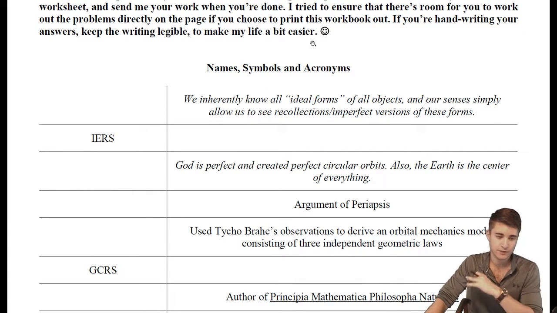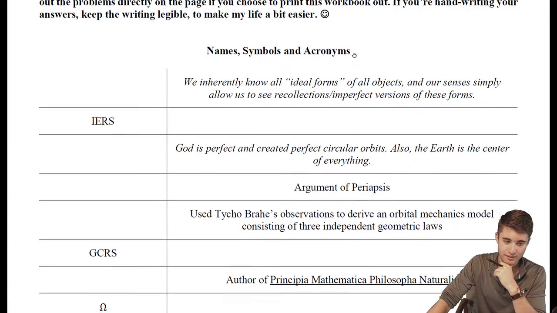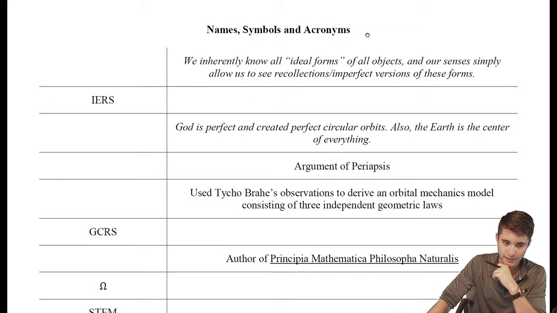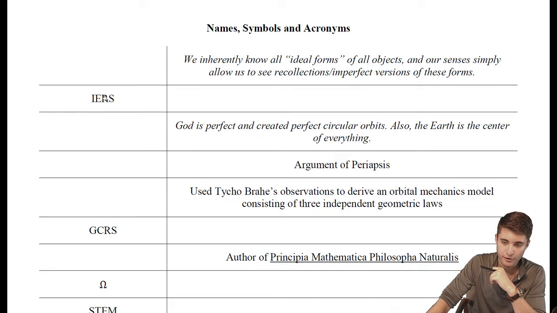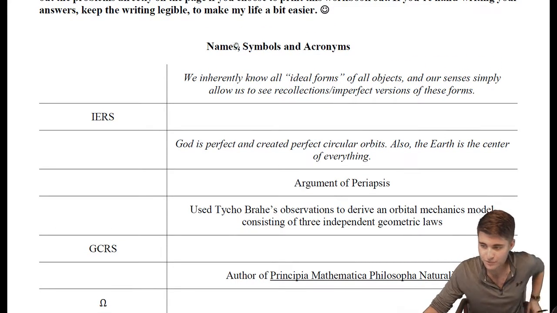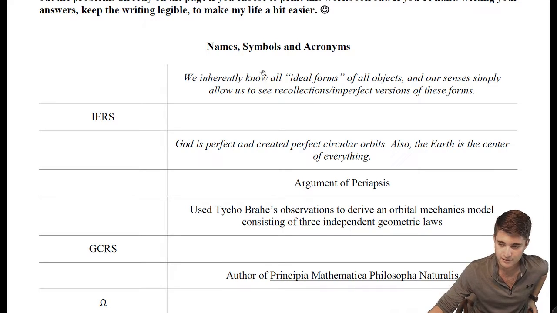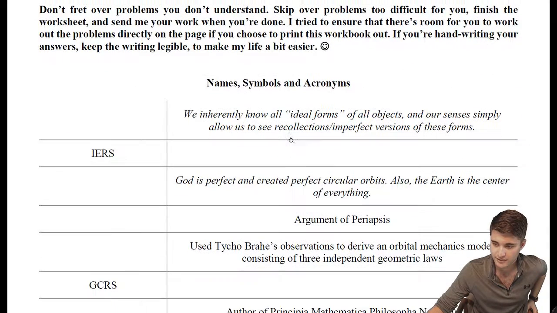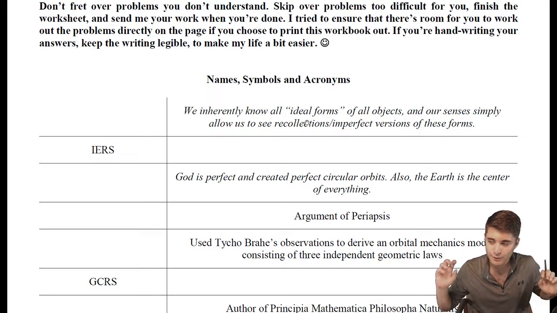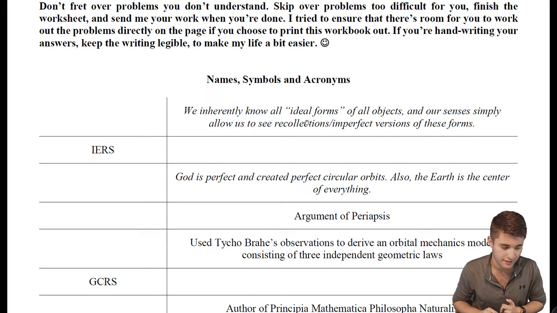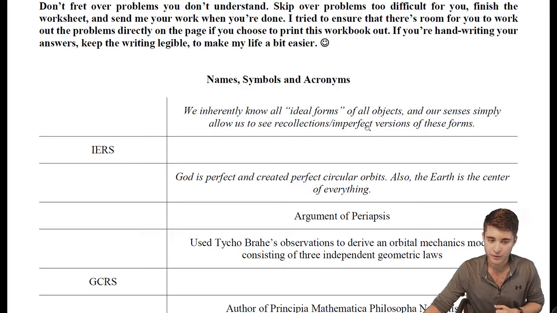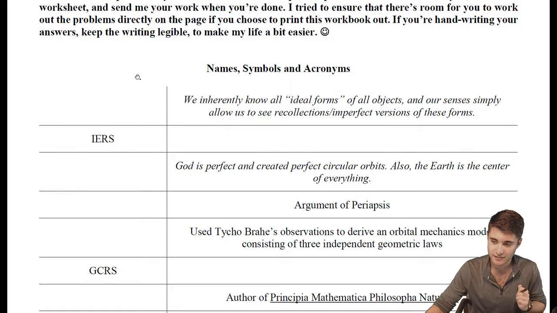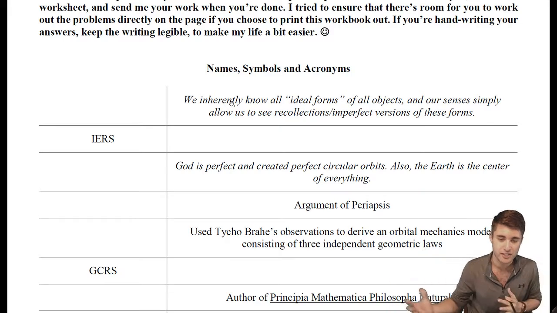All right, first things first. I go into names, symbols, and acronyms, okay? So I've got either a name, so I'll have a quote on here. This is something somebody said, and let's take a look at what it says. We inherently know all ideal forms of all objects. There's no due date, Demonata, no due date. Just do it whenever you're ready. We know all ideal forms of all objects, and our senses simply allow us to see recollections of these objects.